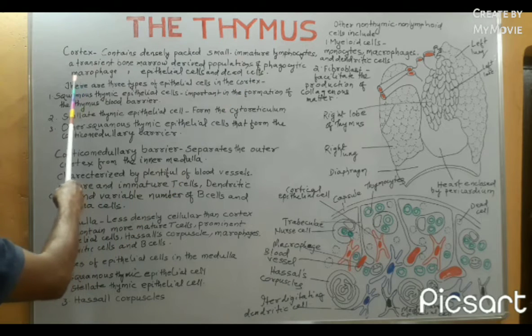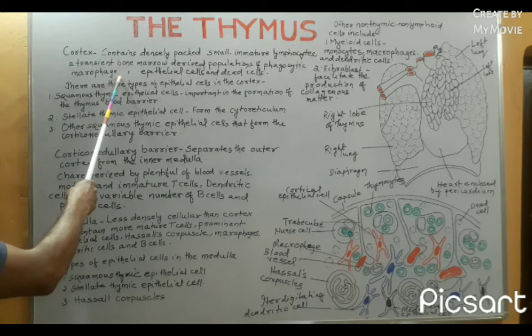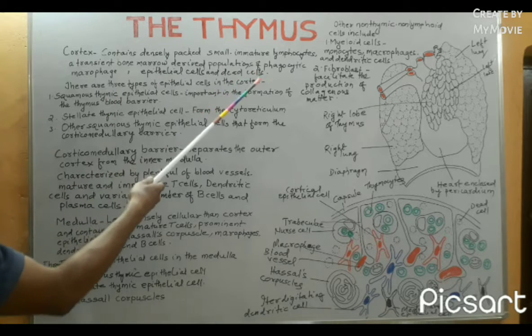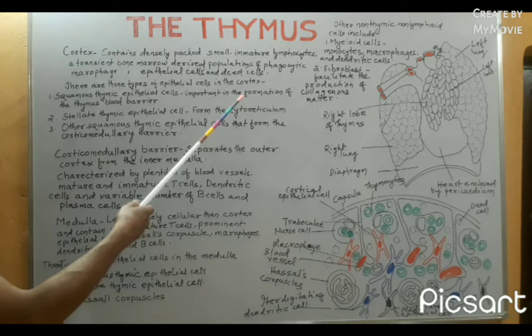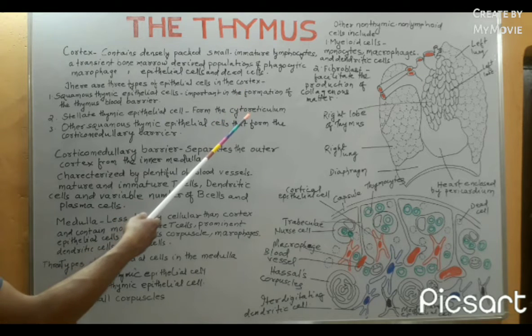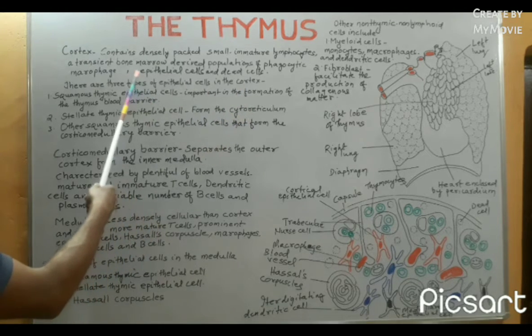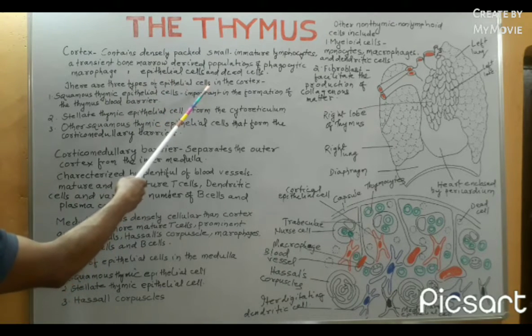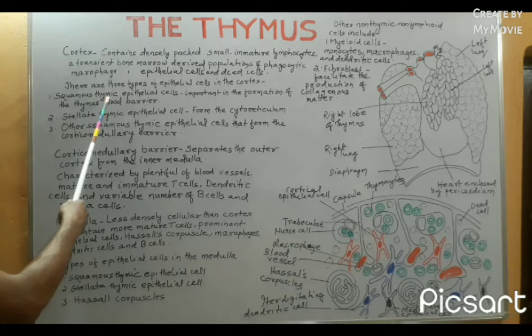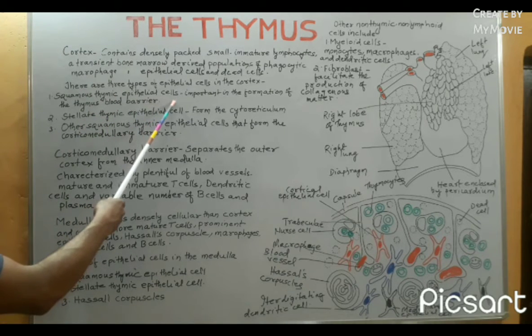The macrophages are phagocytic cells that can phagocytose the dead cells as well as any foreign substances that may enter into the thymus. The cortex contains three types of epithelial cells. One is squamous thymic epithelial cells.